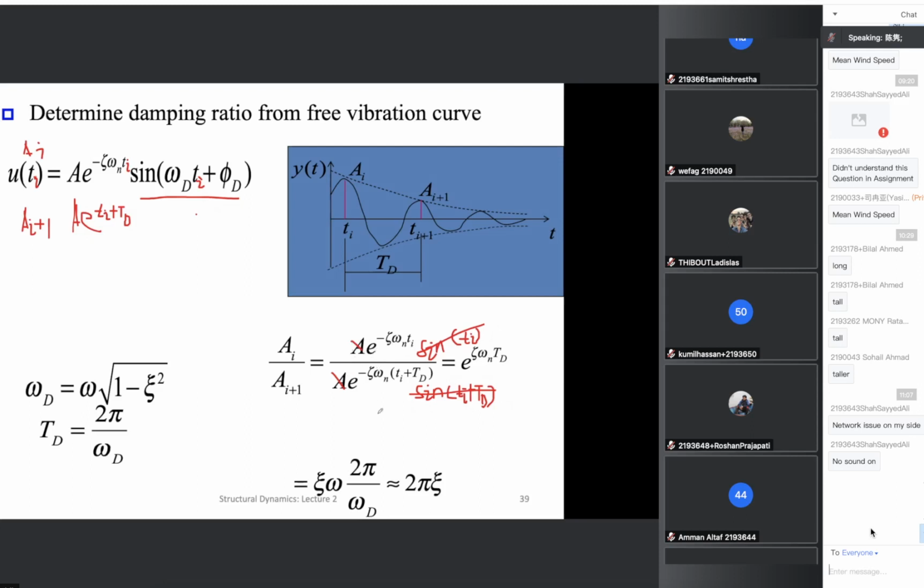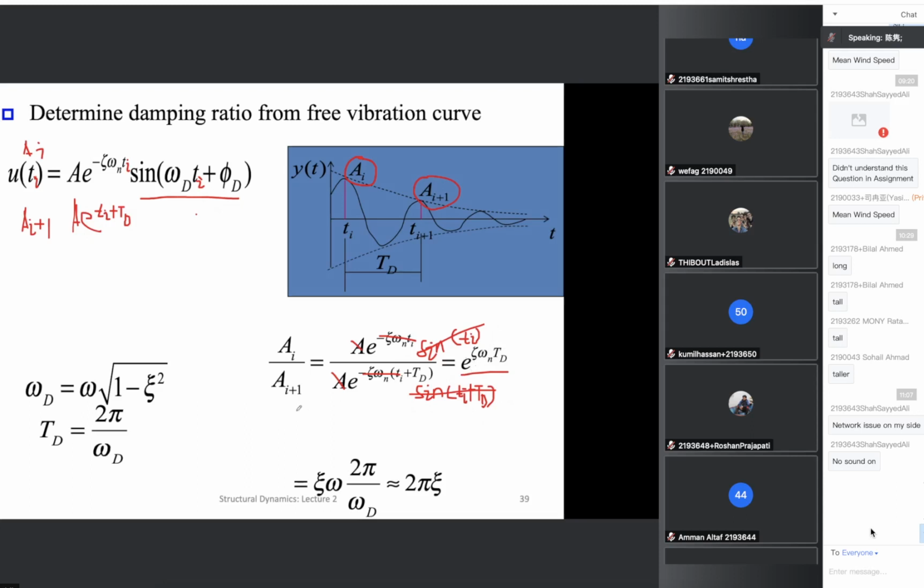Because of the very good features of the exponential function, the terms divide and the exponents subtract, and some parts also cancel. This gives you only this value, which means the ratio of this peak over this peak equals this one.